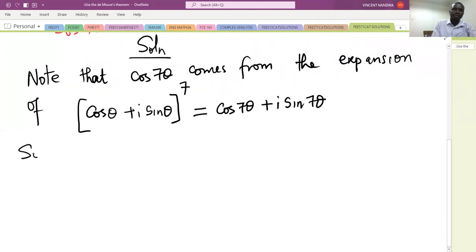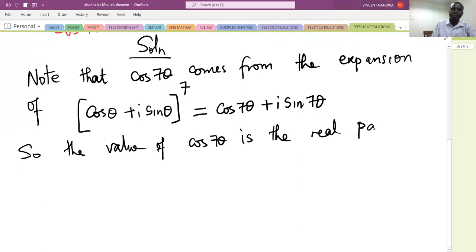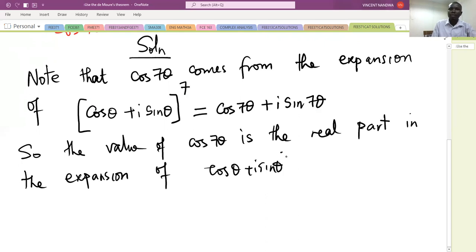So the value of cos 7 theta is the real part in the expansion of cos of theta plus I sine theta raised to power 7.